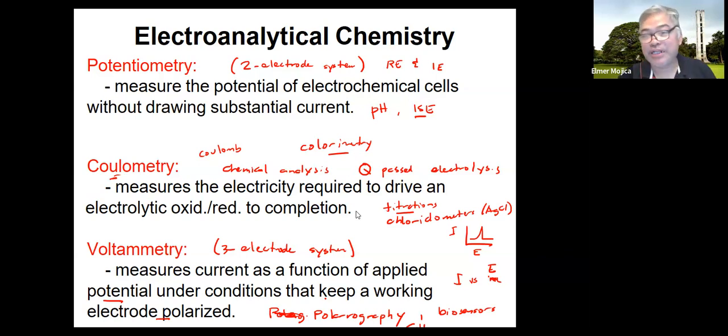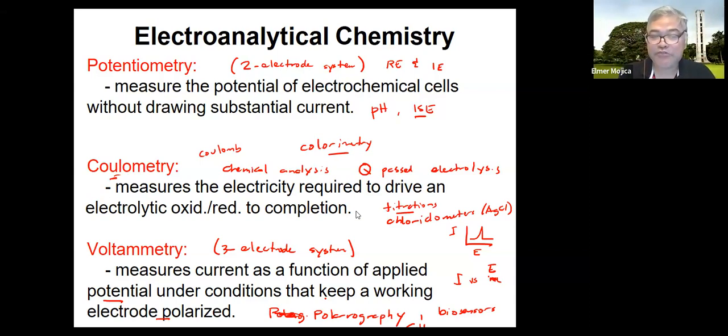You're familiar with the sponge. So what happens to the flow of water if you press the sponge? You can compare the pressing of the sponge to applying a potential. So usually when you press the sponge, what happens to the water? The water is released. So the sponge would represent the electrode in the voltammetric cell.